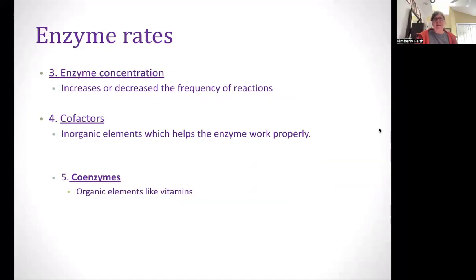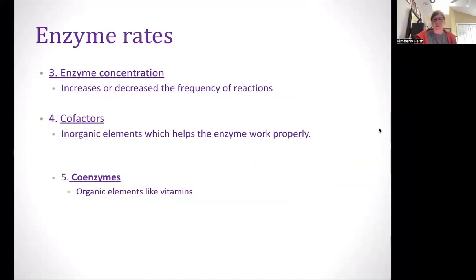Cofactors, some enzymes require cofactors or what we also call coenzymes, both of those, in order to work properly. Cofactors are inorganic elements, like basically they are your minerals. So whether you're going to find those on the periodic table, they're going to be elements like iron, zinc.